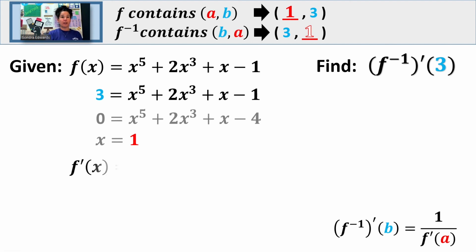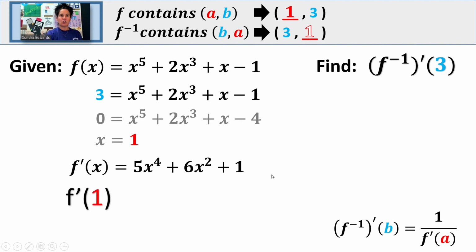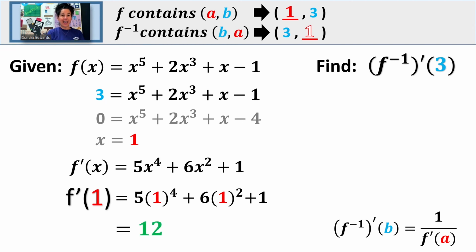Well, finding the derivative of f, that's pretty straightforward. I just use the power rule: derivative of x to the fifth, 5x to the fourth. Derivative of 2x to the third is 6x squared. Derivative of x is 1. Derivative of minus 4 is 0. Okay, I'm going to substitute in 1. And I now know the answer to f prime of a is 12.